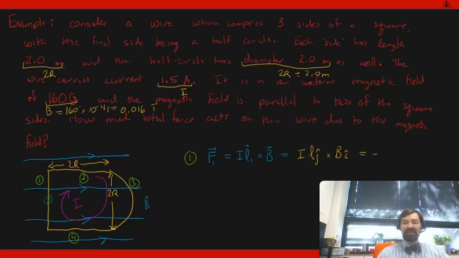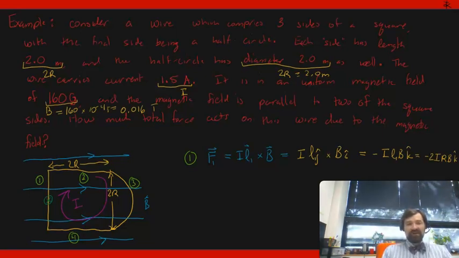So this is negative I L1 B k hat. And that is in turn negative 2 times I R B k hat. Remember that L1 is 2 times R, 2 times the radius. We can put in the numbers later.